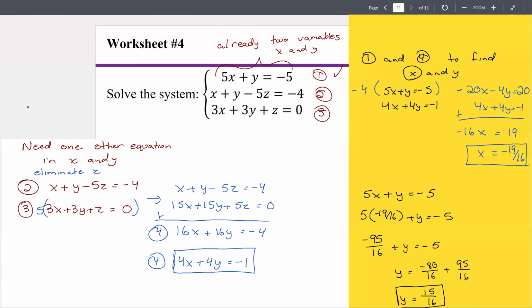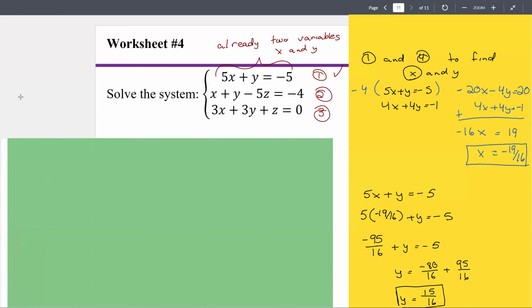Now the last bit that we have to do is we just need to find our remaining variable. So we have x, we have y, and we just need to find z. So we have this x plus y minus 5z equals -4. So then we don't have to worry about any kind of fun multiplication here.